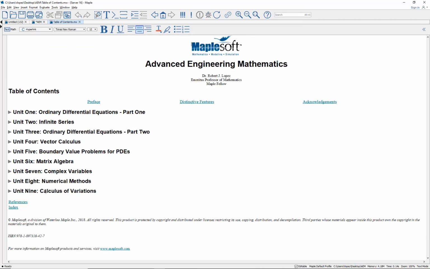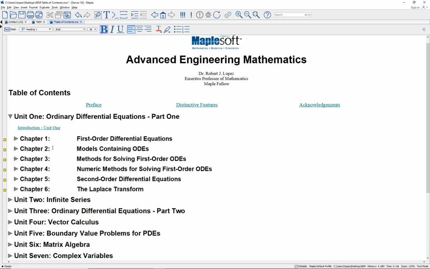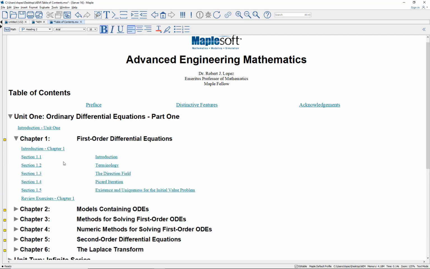Table of contents for the book. There were 9 units. Each unit had chapters. There were 48 chapters. Each chapter had sections, 273 sections. So each section was captured in a Maple worksheet, and those worksheets became the ebook, appropriately massaged.